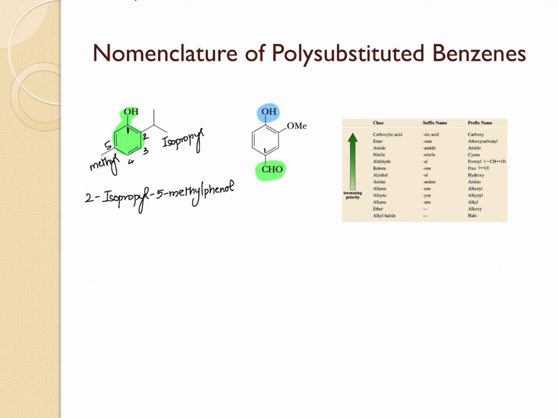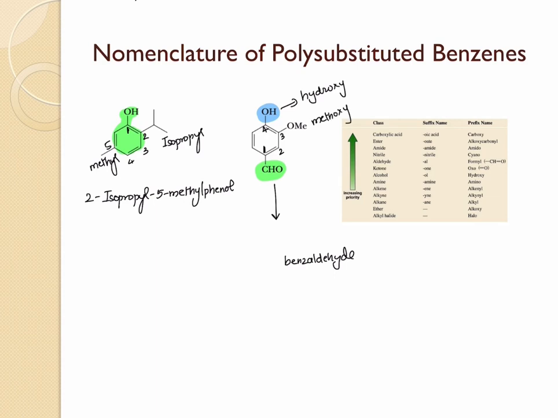Okay. So let's assign this to be number 1, and you have to reach the second and third substituent with the shortest distance. So 2, 3, 4. And since you have this aldehyde group directly attached to the benzene molecule, it's called benzaldehyde, right? And this should be named as hydroxy group, and this should be methoxy, right?